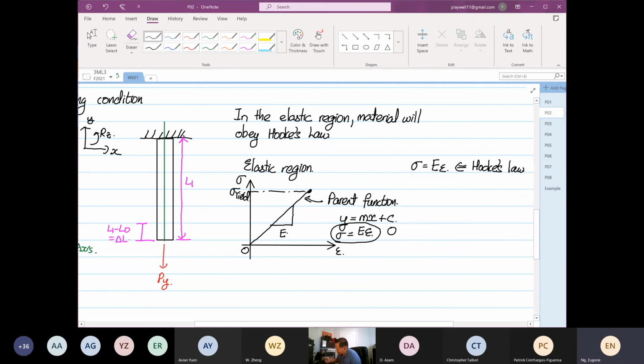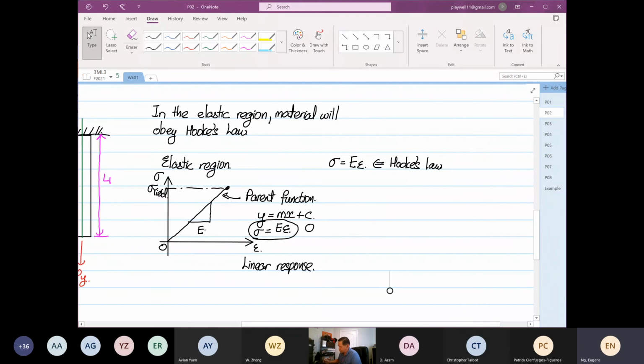And what we realize is that in the elastic region, you have a linear response. It's a straight line, yes or no? So now coming back to Hooke's law, we have stress is equal to E epsilon, right?